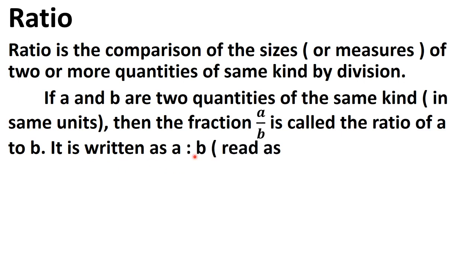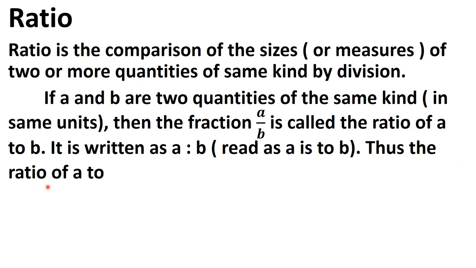It is written as A ratio B, read as A is to B. Thus, the ratio of A to B equal to A upon B or A ratio B.